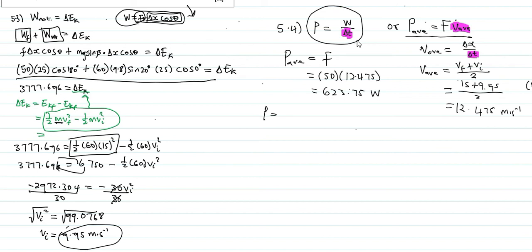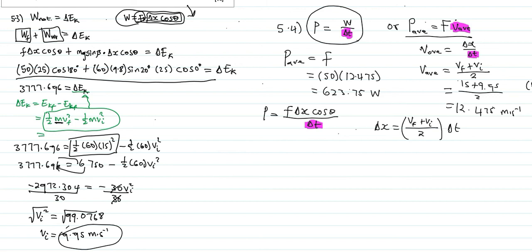We know that the work done by friction is given by this formula here. We do not have the time. To calculate change in t, we can use this formula here, where we have the final velocity plus the initial velocity divided by 2 multiplied by the time.